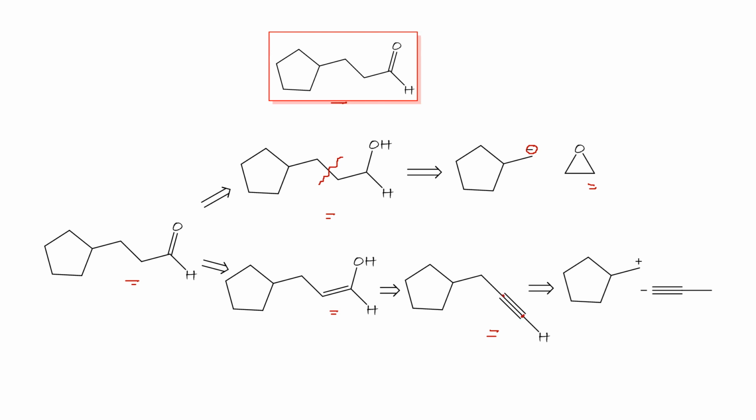So we can do that by hydroboration oxidation. And of course we can get this from the acetylide and the bromo compound. This is partially positive, so it is connected to a partially negative atom.